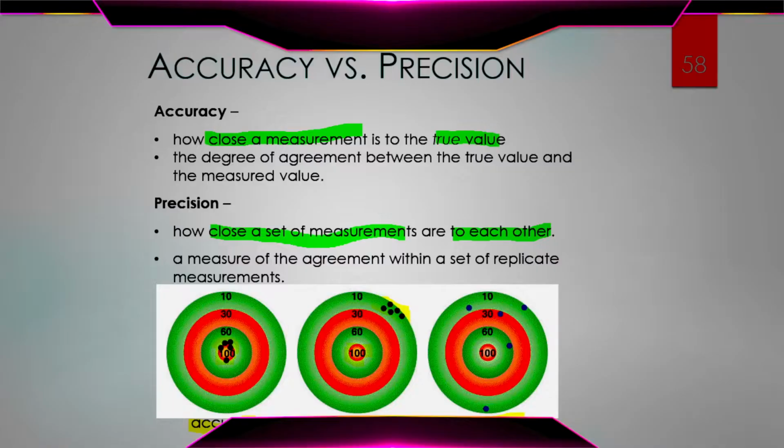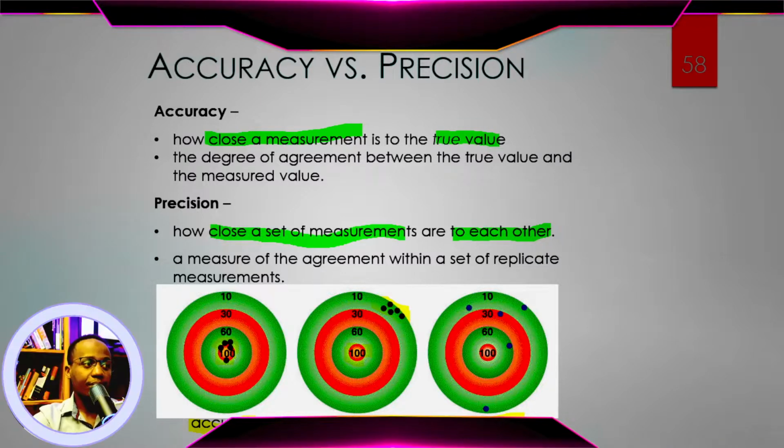So these instruments, we always check for their accuracy, but also for their precision. So an instrument, to be efficient, needs to be accurate and precise. So you can't just have one, you gotta have both of them. All right, and I think that's enough about accuracy and precision.